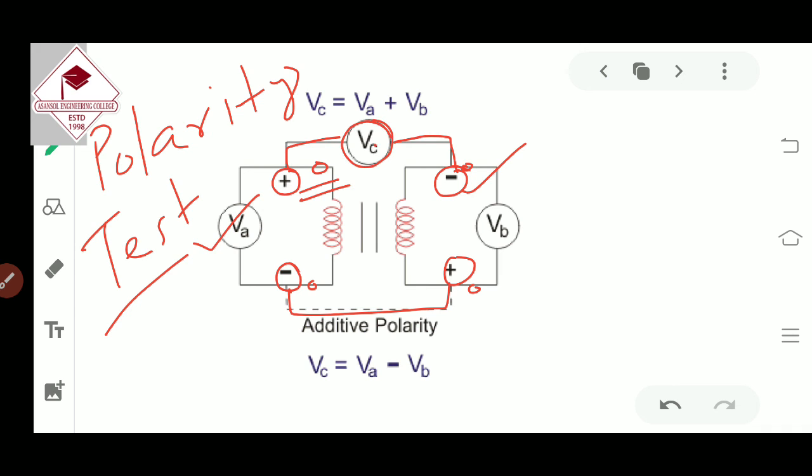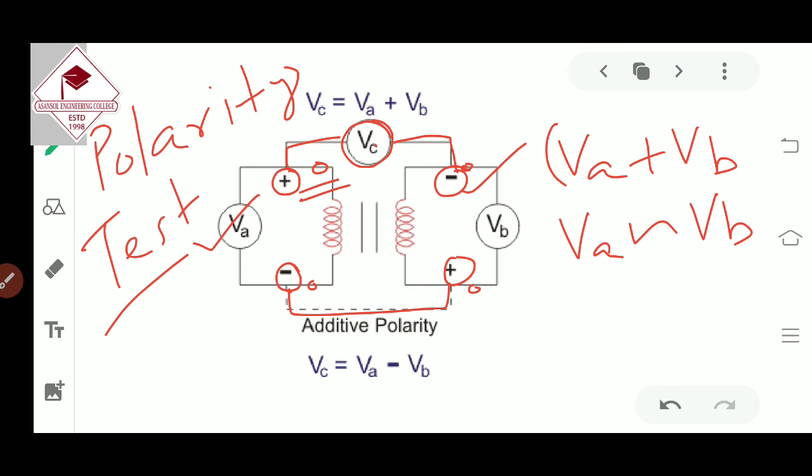Now the result of this voltmeter may be either VA plus VB, or it may also give VA difference VB. In the case of VA plus VB, the value of the voltage will be more than both of these voltage readings, and in the other case it will be less than the readings of these voltages.